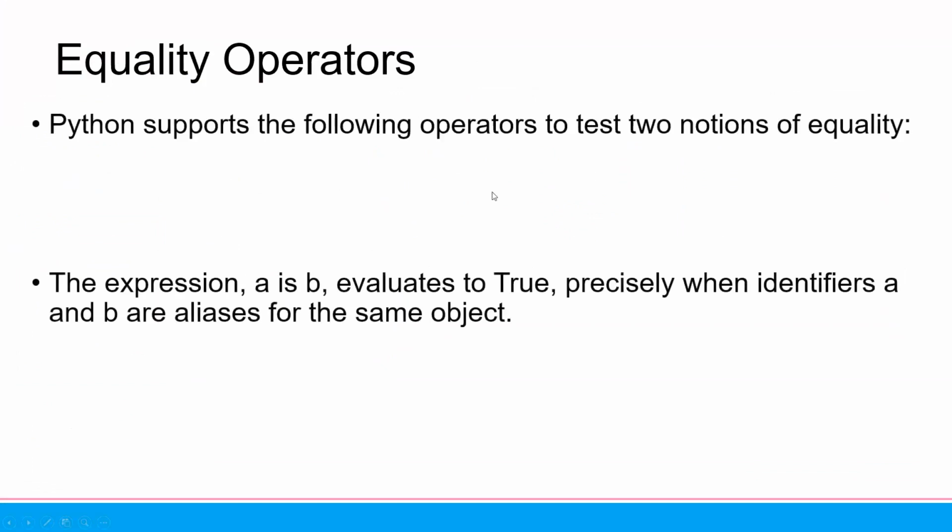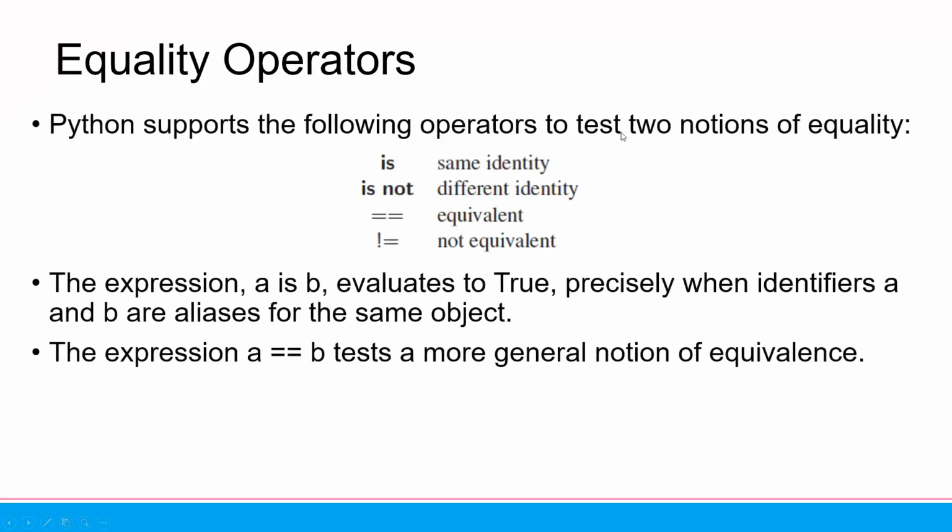Python supports the following operators to test two notions of equality. So we have is, and equal, and not equivalent. The expression A is B evaluates to true precisely when the identifiers A and B are aliases for the same object.